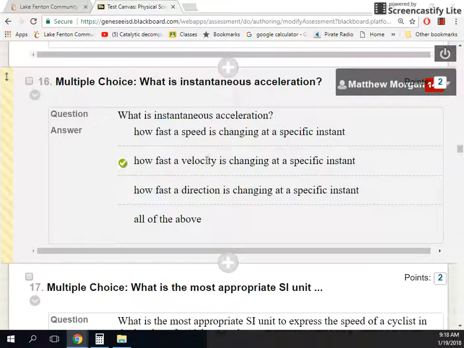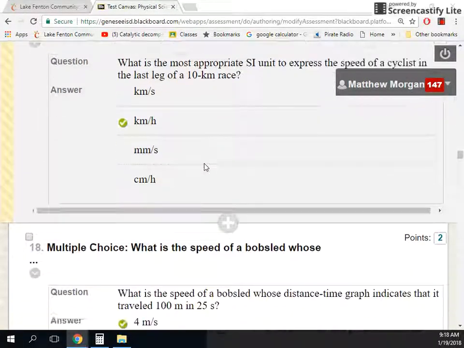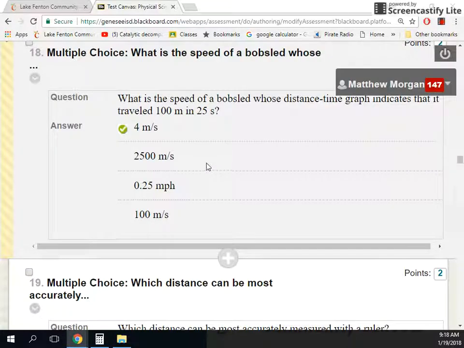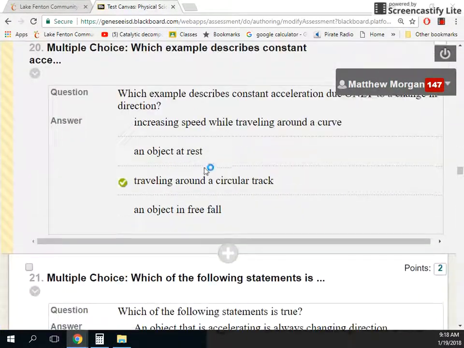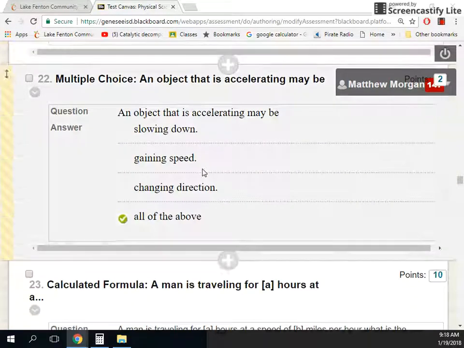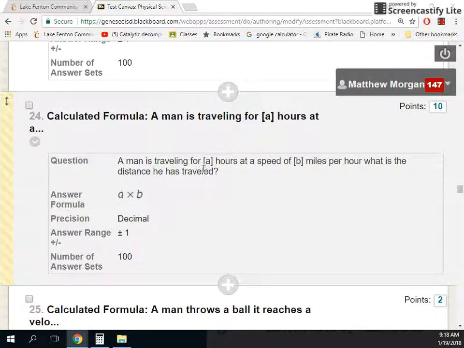Like, what is instantaneous acceleration? These are things that we all agreed on, so that these questions are put together to make a valid final. And so you have this, so you can go through this.